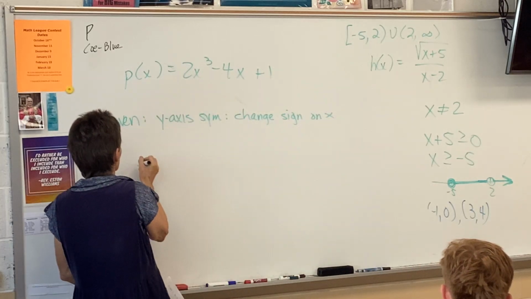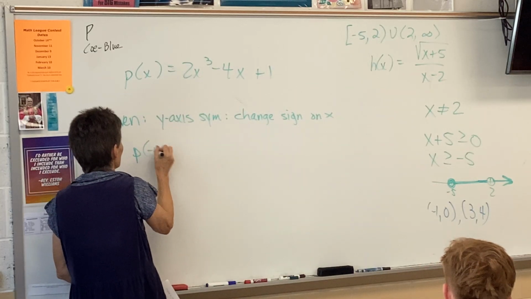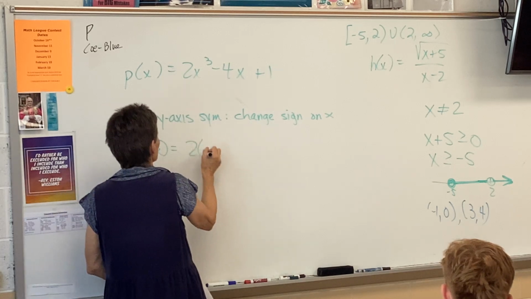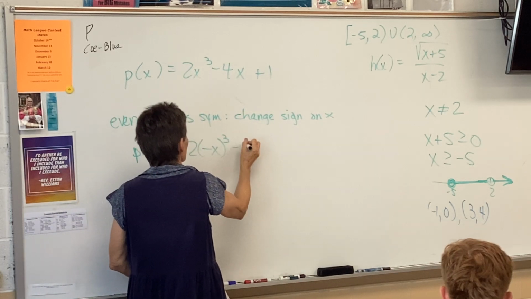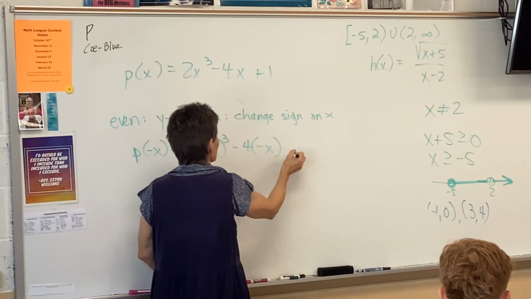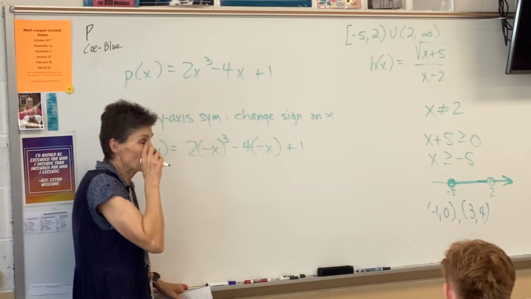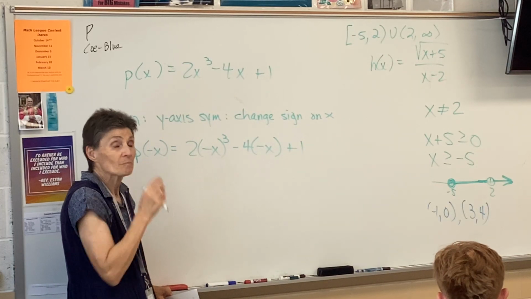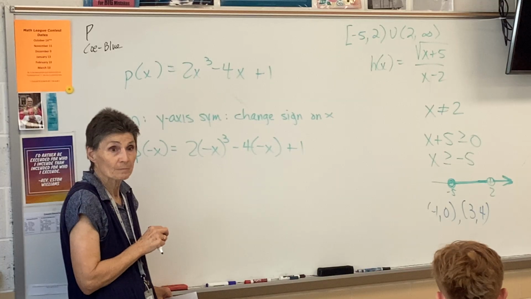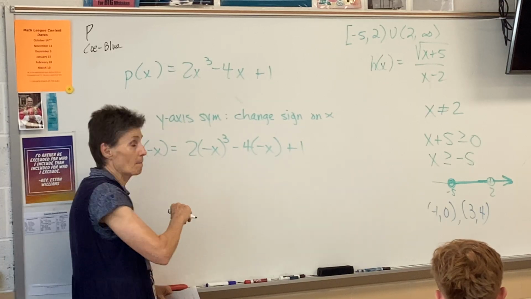So p of negative x will equal 2 times negative x cubed minus 4 times negative x plus 1. So I just take out the x's and put in negative x's, and then I simplify.